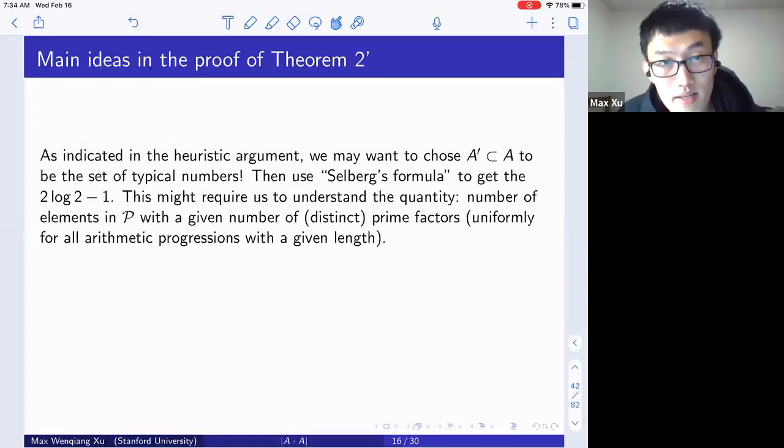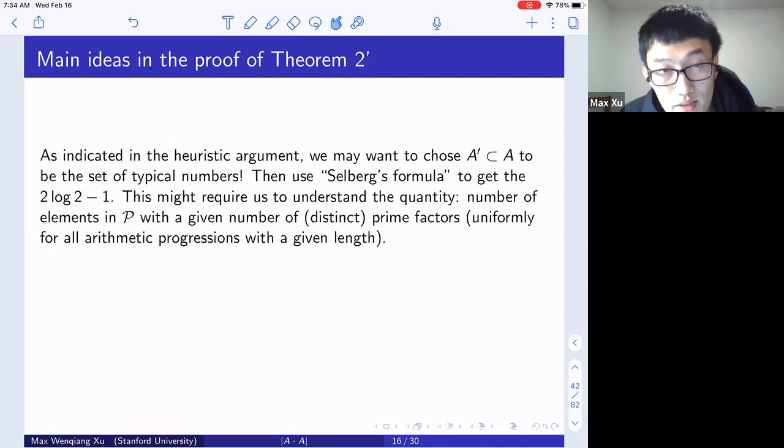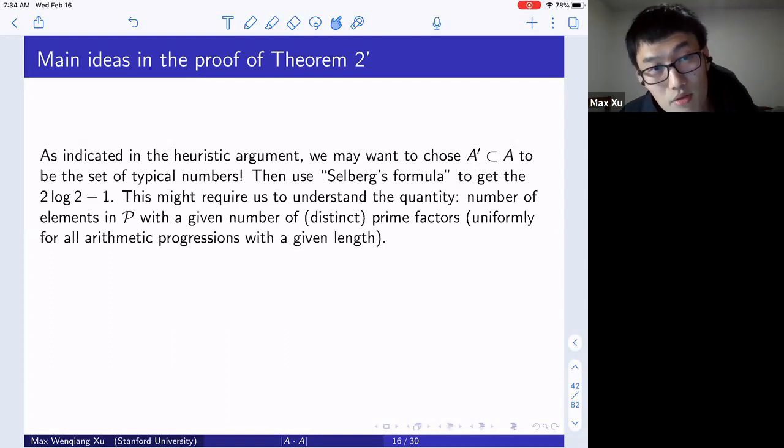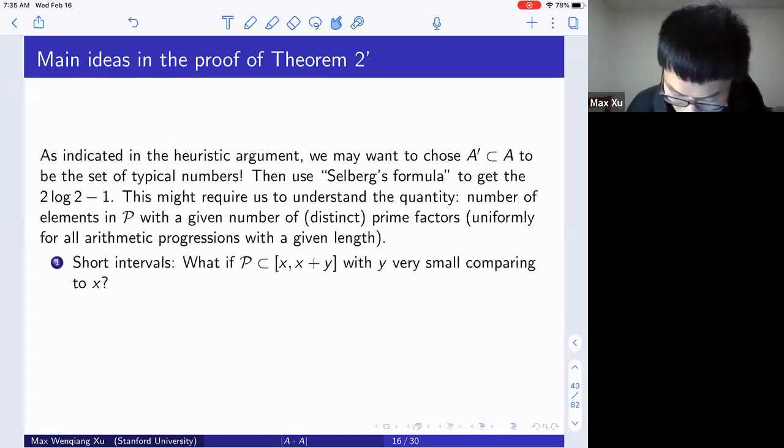But if we want to do a completely parallel argument, this will require us to understand the quantity, the number of elements in your arithmetic progression with a given number of distinct prime factors. And ideally we would want this uniformly over all or many arithmetic progressions with a given length. But this certainly cannot be done in general.